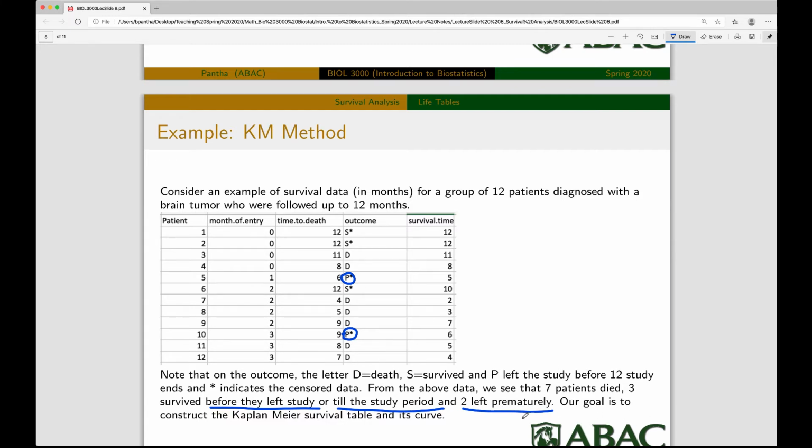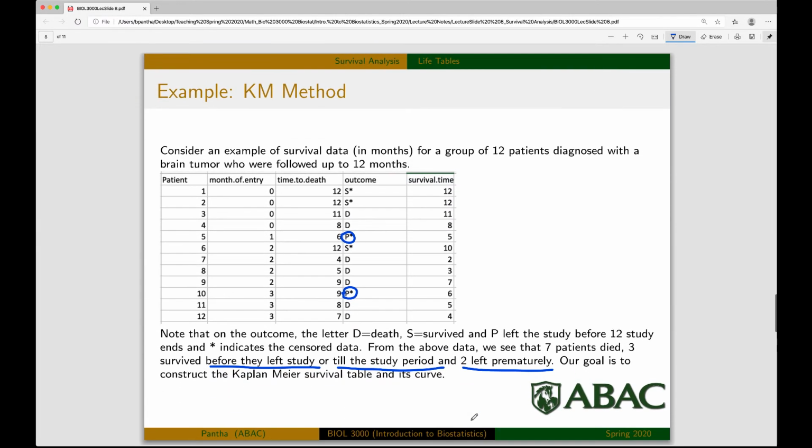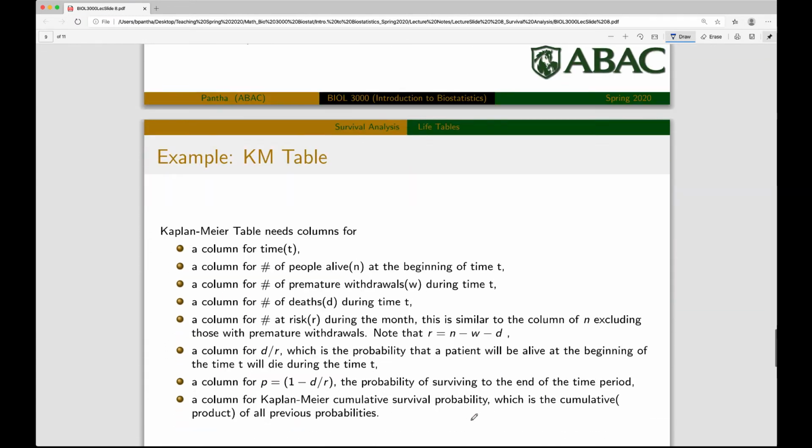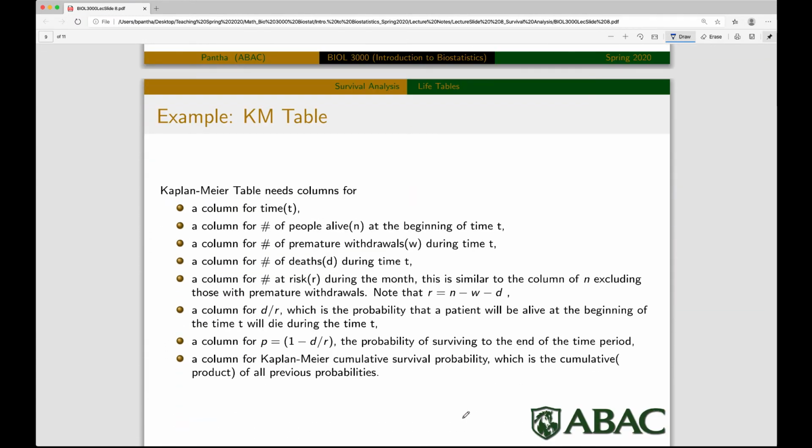Our goal is to construct the Kaplan-Meier survival table and its curve. So what columns will we need to draw the survival curve? Number 1, the column for time. Number 2, the number of people alive at the beginning of time t. Number 3, the number of premature withdrawals during time t.